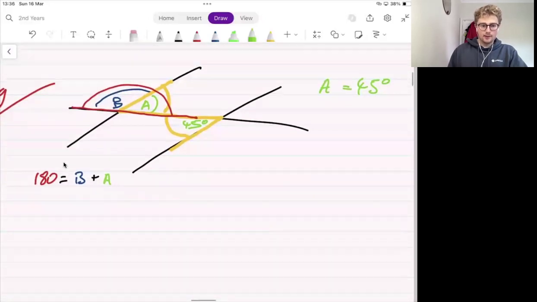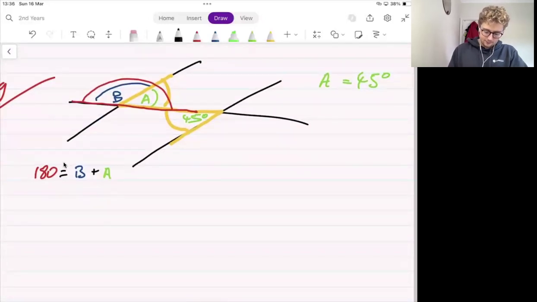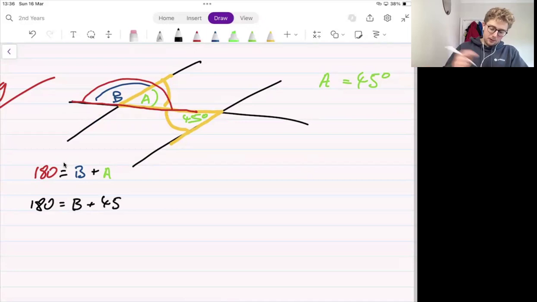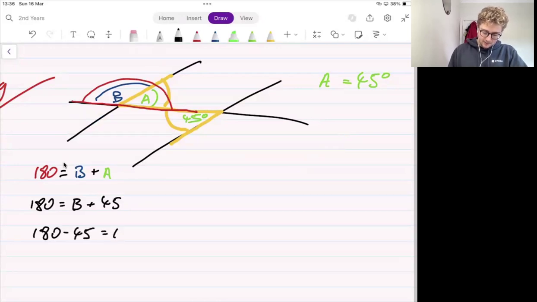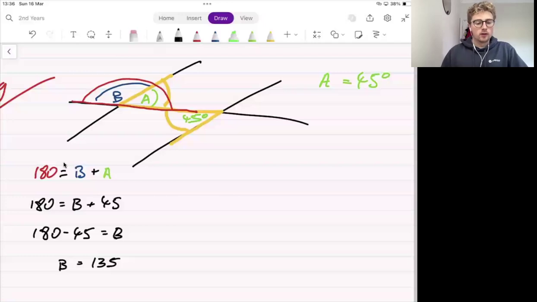So I can say that 180 degrees is equal to B plus 45. And bring across that 45, make it a minus 45, and I'll get 180 minus 45 is equal to B, and that is 135. So B is 135 degrees.